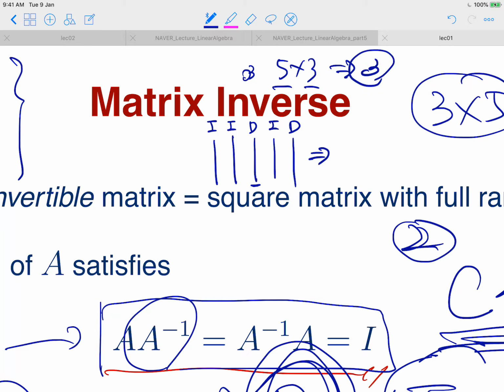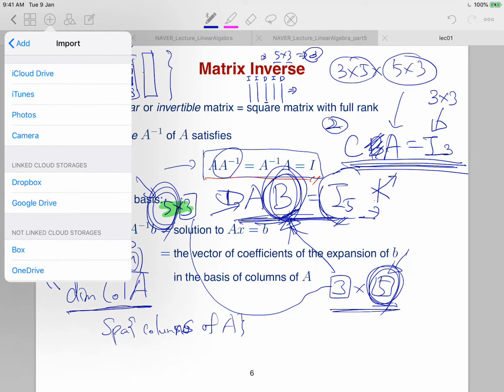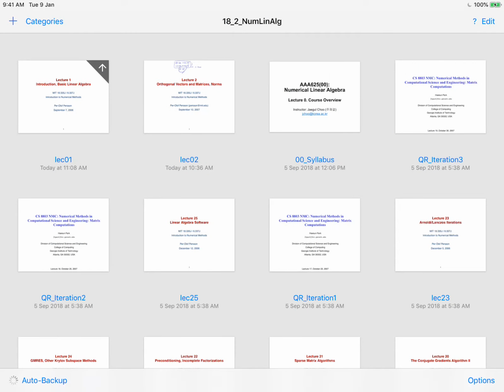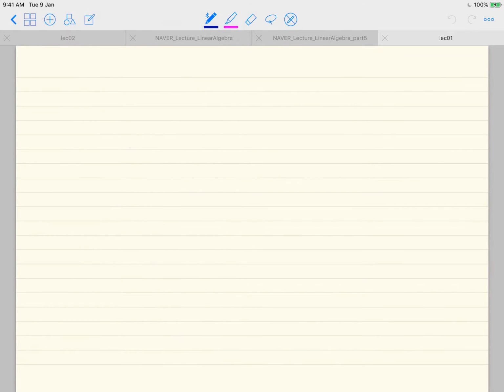So in this case, we don't need to consider the number of rows. But let's consider the case where we have a smaller number of rows than columns. For example, 3 by 5.